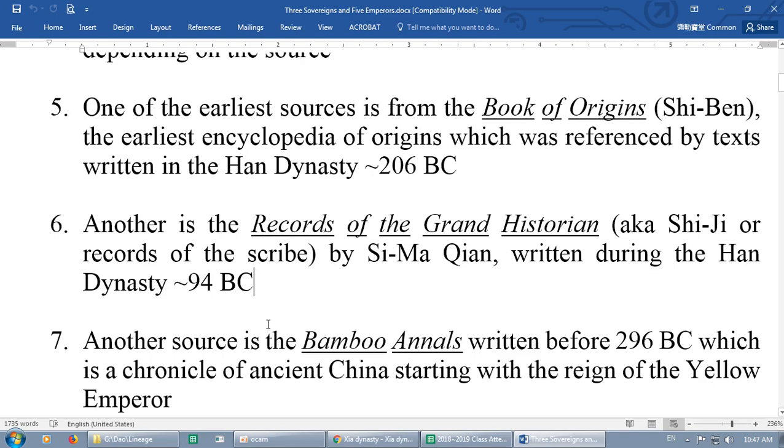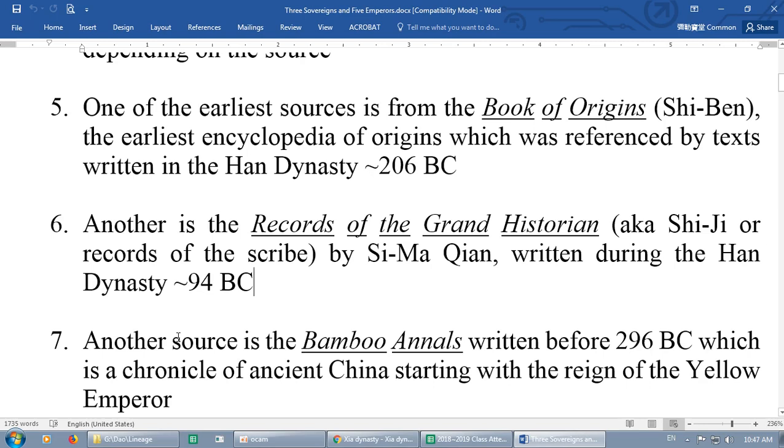So now historians debate this because supposedly Sima Qian and whoever wrote the Book of Origins, it was not by one person. Supposedly, it's a lot of different scholars who compiled a lot of information, also based on indirect evidence, on certain records passed on by oral tradition.